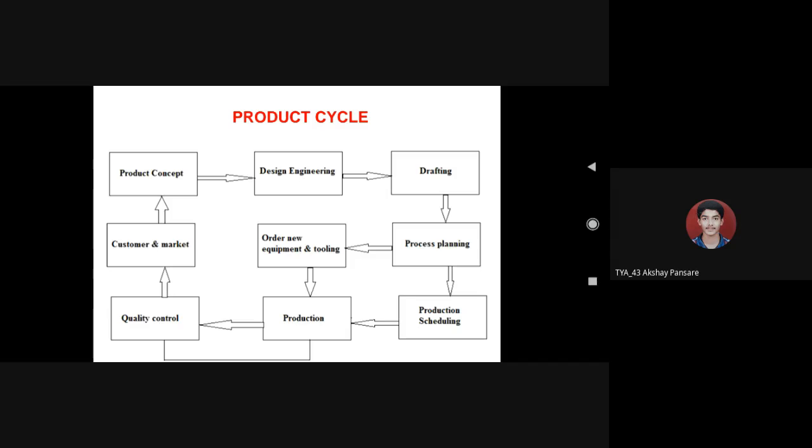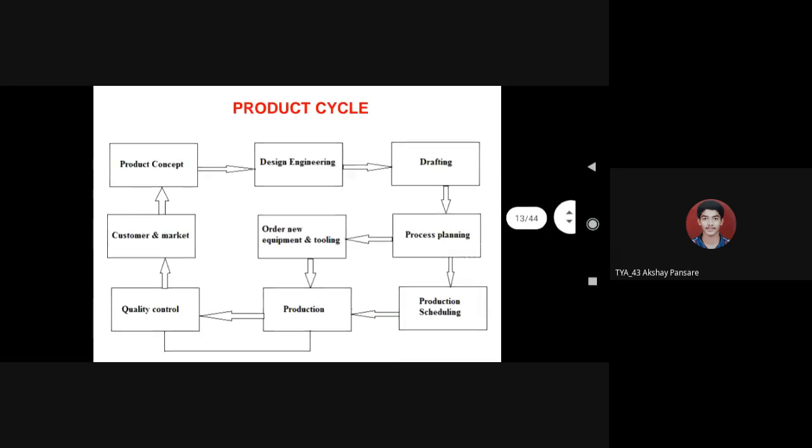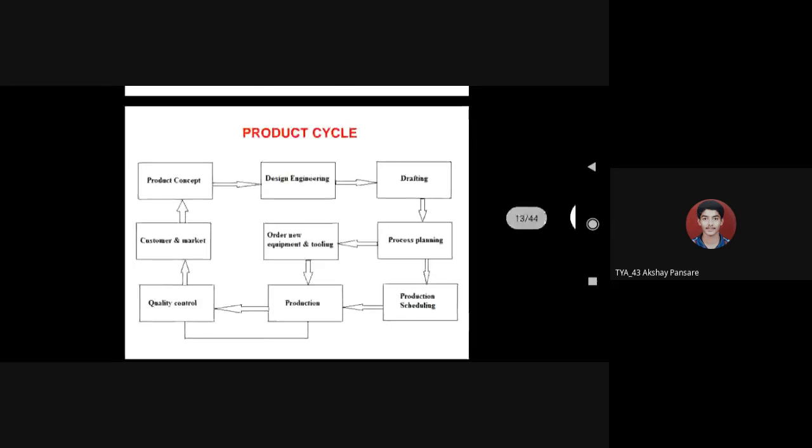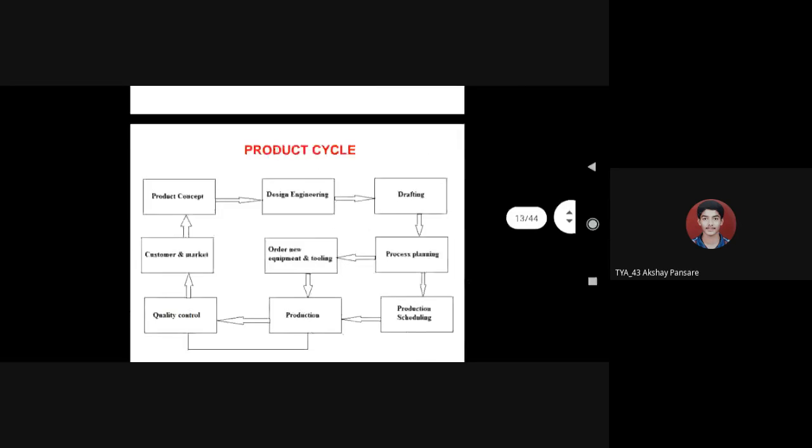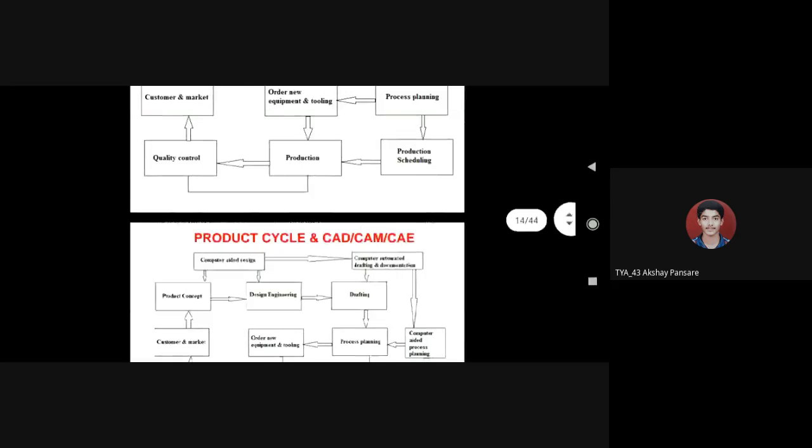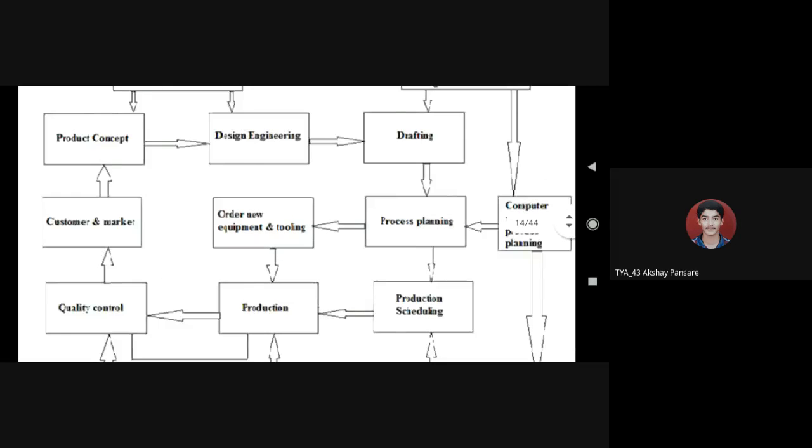Now after the feedback comes, according to that feedback we can change any simple thing or any change that will be there. You can make that change. Now this is actually the product cycle, for every product. Now the next point is the product cycle and CAD CAE. What is the role of CAD CAE? The same cycle is there, but what is the role of CAD CAE?